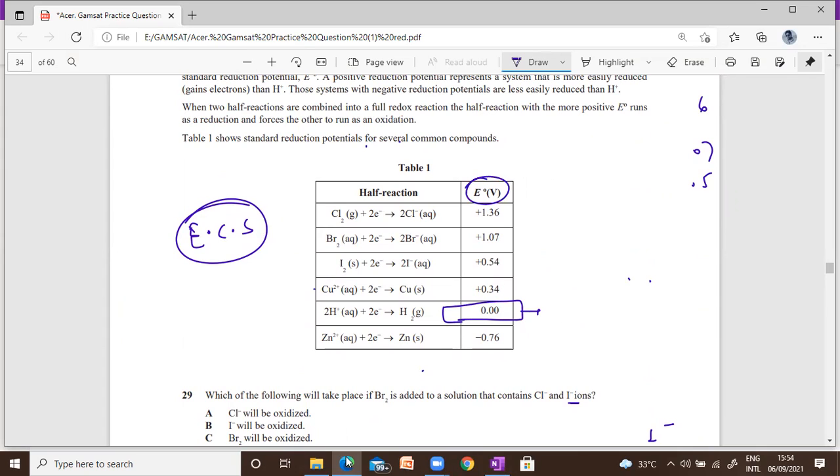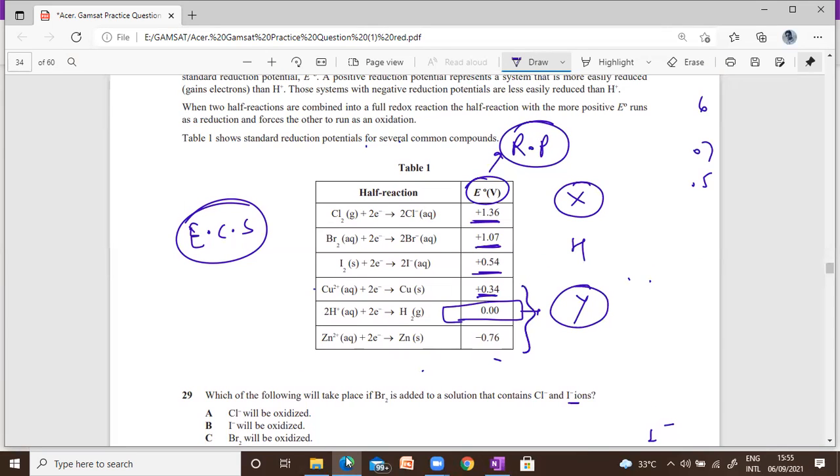And there are two types of things. This is hydrogen. This is the above element, suppose any element X, and any Y. This is above hydrogen and this is below the hydrogen. So the thing is that whenever you have a positive value of E naught, it means it is a reduction potential. And a negative value means oxidation potential. The thing is very simple here.